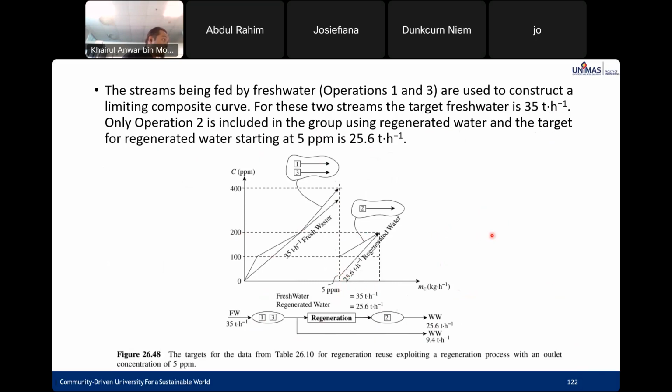So 5,000 divided by 200 minus 5, you will get 25.6 ton per hour. So from the 35 ton per hour freshwater, the regenerated is only 25.6, then the rest will go straight to the wastewater.